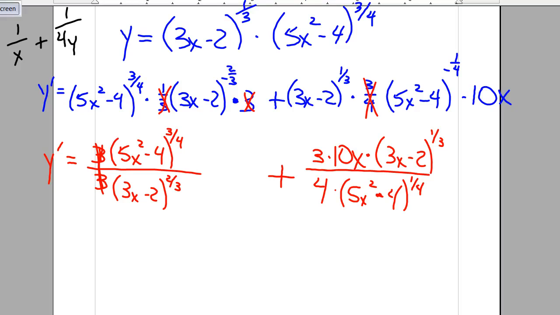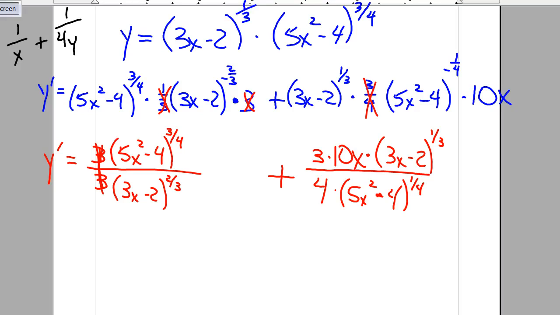Or 4yx. So I need to put 4 and a y here, and then therefore on top, and an x here, and then therefore on top. So that's the same idea that we're going to do. Our common denominator is going to be 4 times this to the 1/4 times this to the 2/3. So we're going to need all 3 parts in there.